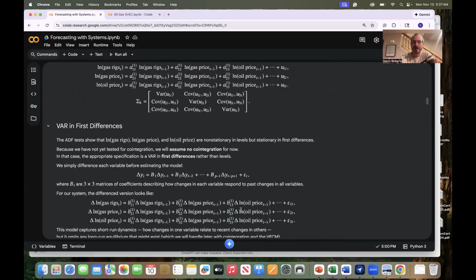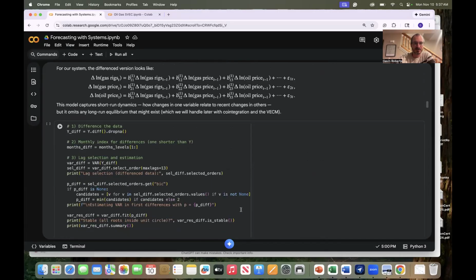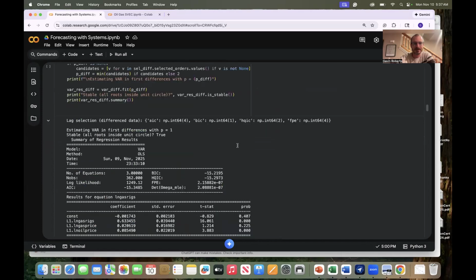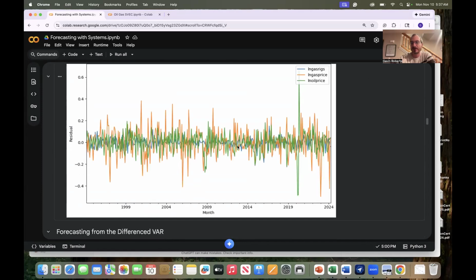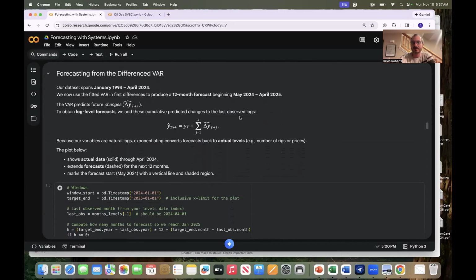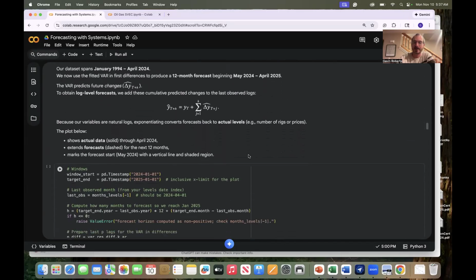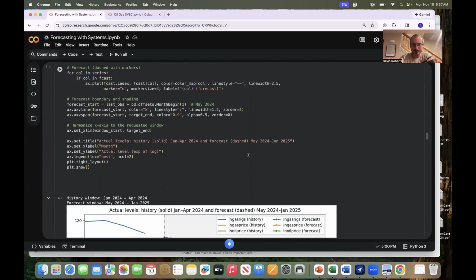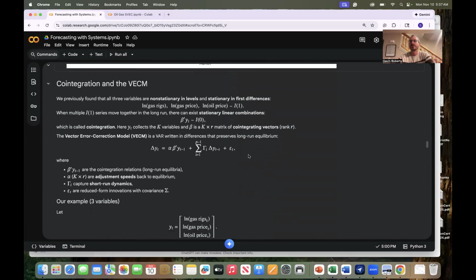So we discussed what vector autoregressions look like. Here is our vector autoregression system. These are the errors from our vector autoregression system, and then we forecasted using that differenced vector autoregression estimation. Today we will be shifting into something called co-integration.